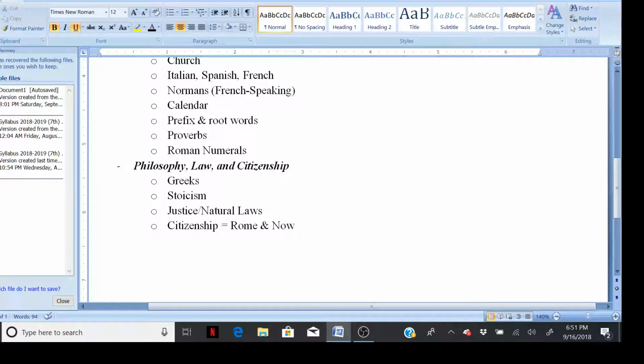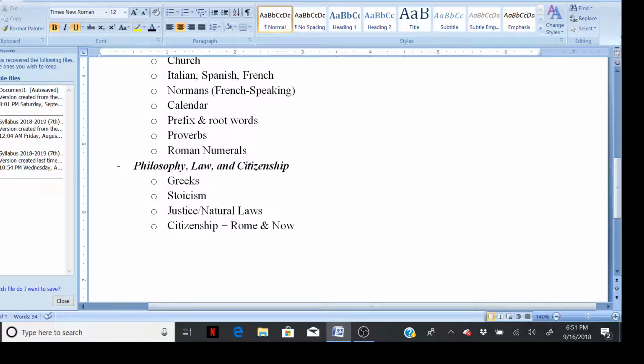What that means, as well as back then and currently, is that if you're a citizen, not only do you have responsibility to the United States, but also you get certain privileges. Well, it was the same back then for Roman citizens.